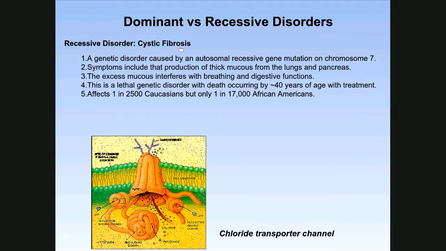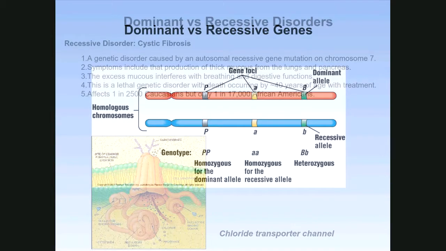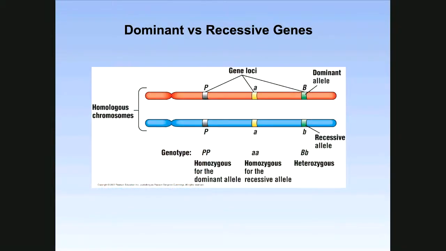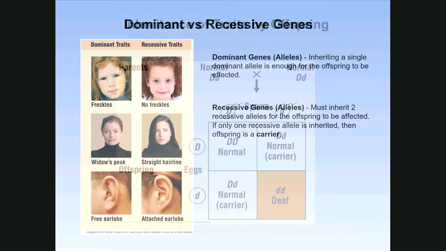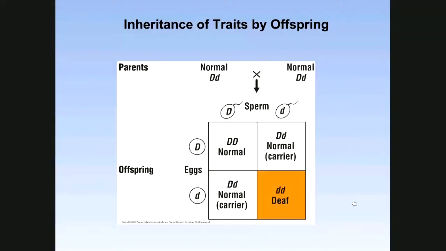It will ask you questions going back and forth on this, but it'll ask you to fill out a Punnett square, and then it'll ask you questions such as, if both parents are carriers, using a Punnett square, what's the probability that a child could be born that has cystic fibrosis?